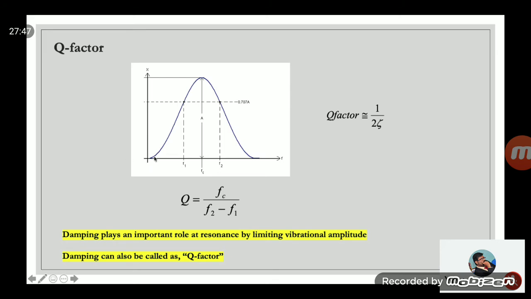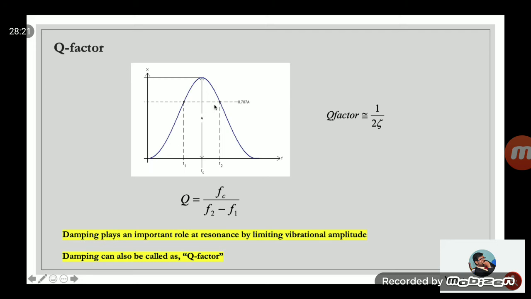But when the response reaches a frequency, you will see that the amplitude slowly increases, reaches its maximum value, and then reduces back. So if you take this vibration signature and identify this is my maximum amplitude at which the frequency is the critical frequency.